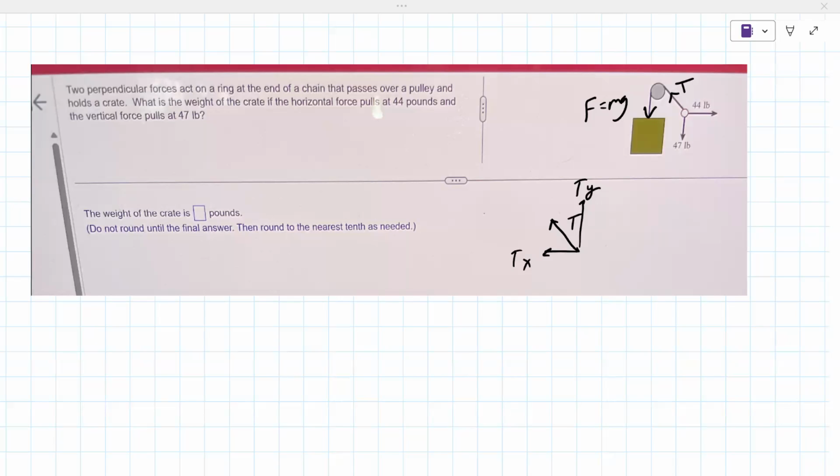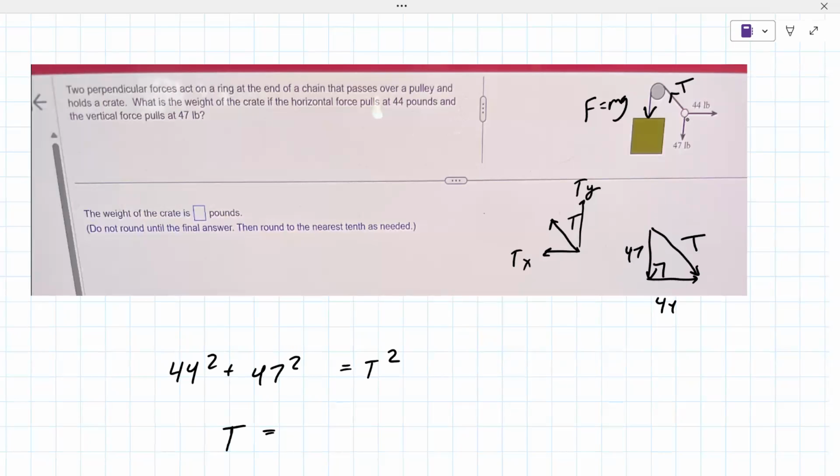That's exactly right. So oddly enough, this is a law of sines problem, which I don't quite understand why. Oh, okay. Well, no, I take that back. That's a different problem. They're just asking you to determine the resultant vector from going down 47 and right 44. They're calling that T. So essentially it's the hypotenuse of the triangle. It's 44 squared plus 47 squared equals T squared. So the tension, which is equal to the weight of the cable, this mg, is the square root of 44 squared plus 47 squared.